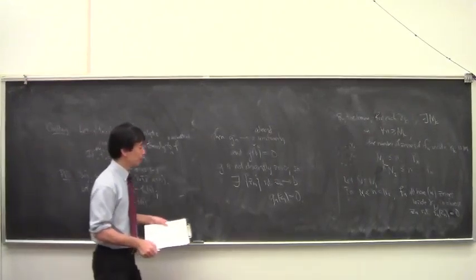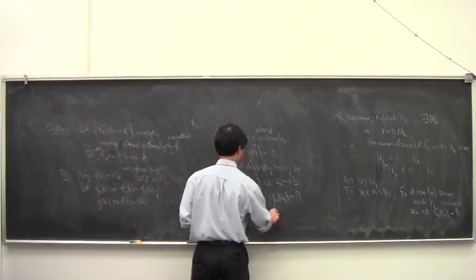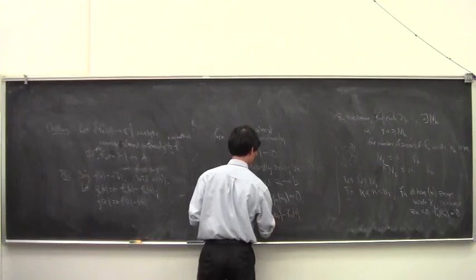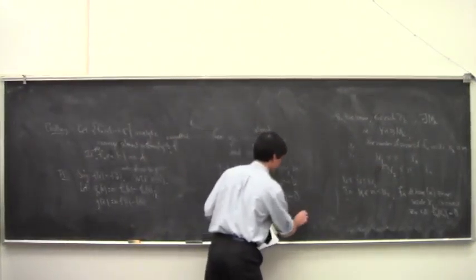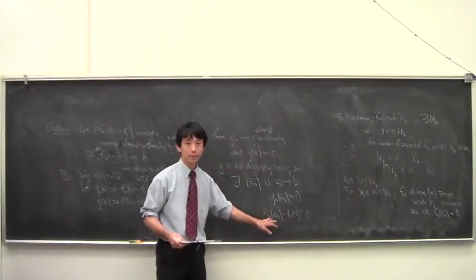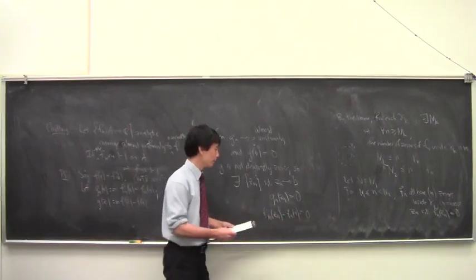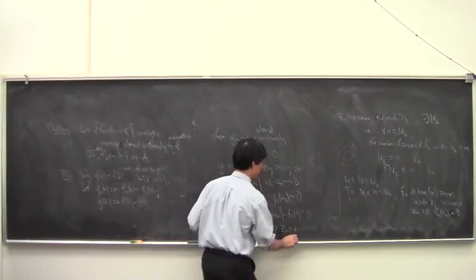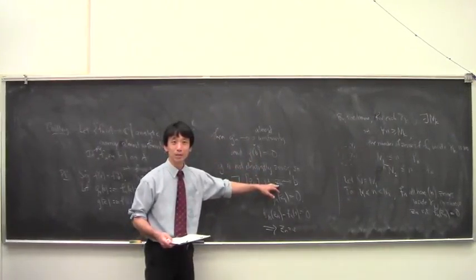But G sub n of z sub n is f sub n of z sub n minus f sub n of a. And each of the f sub n's were one to one. So that tells you that z sub n must be a. So they're all equal to a, and they converge to b. So b must be a.